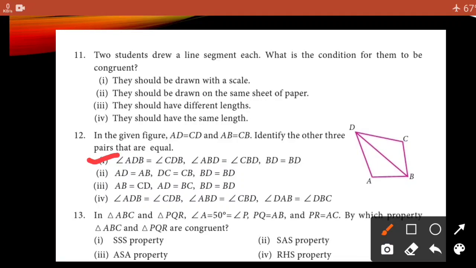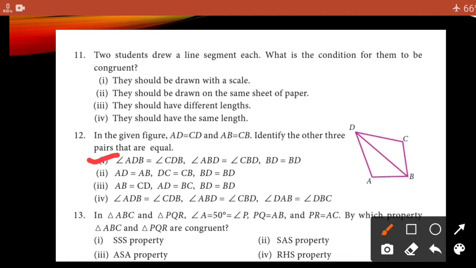Okay, we have only three rules: SSS, SAS and ASA. Here the first option comes under ASA. Second and third option comes under SSS. Fourth option comes under AAA. That is not a rule. So fourth one is not our answer. We have to check the first three. If we are checking the second and third one, we know that AD is equal to CD they have given in the question.